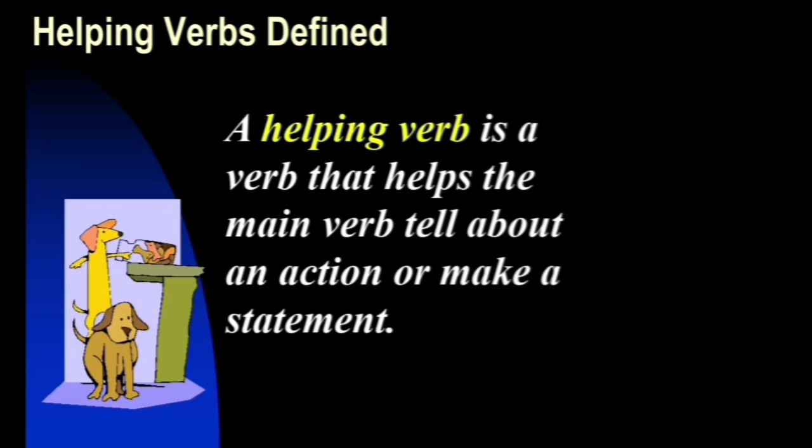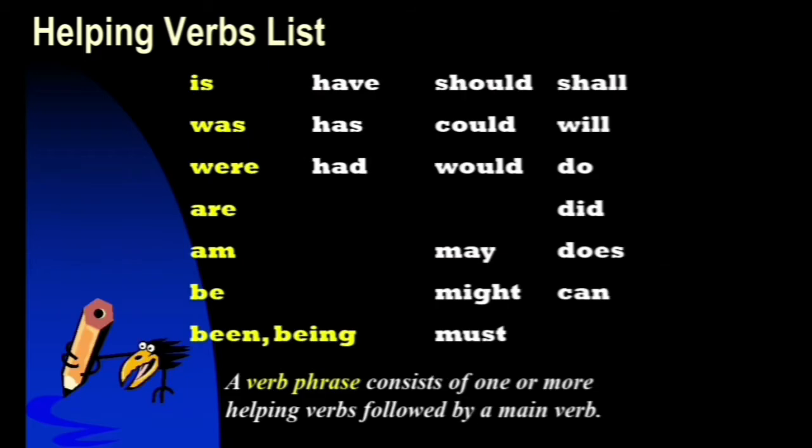Let's see the definition of helping verb. What is a helping verb? A helping verb is a verb that helps the main verb tell about the action or make a statement. It means it helps the main verb to form a sentence.